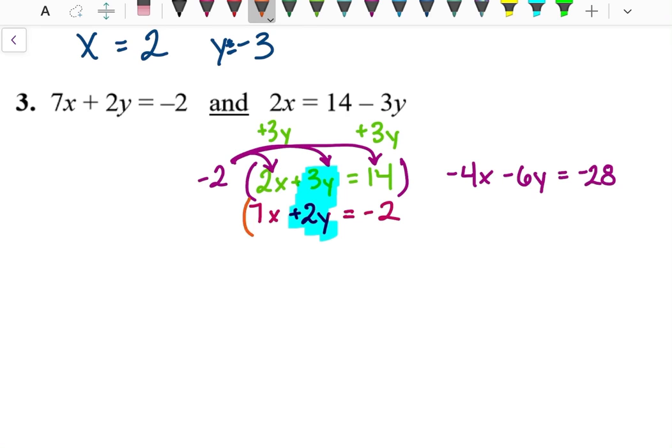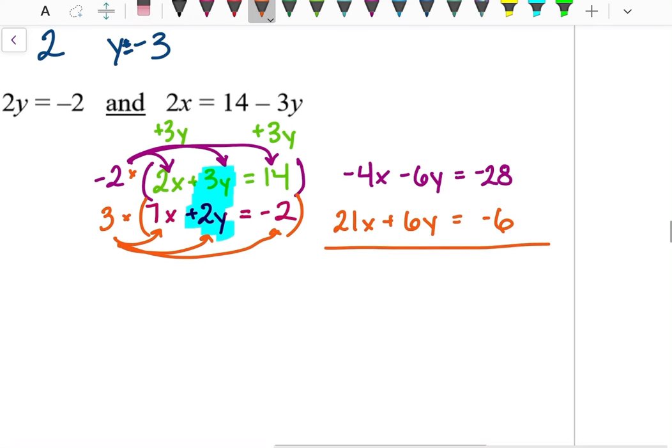On the bottom, you need to get 2 to be a 6, so I need to multiply the whole thing times 3. Multiply everything times 3. So that'll be 21x plus 6y equals negative 6.